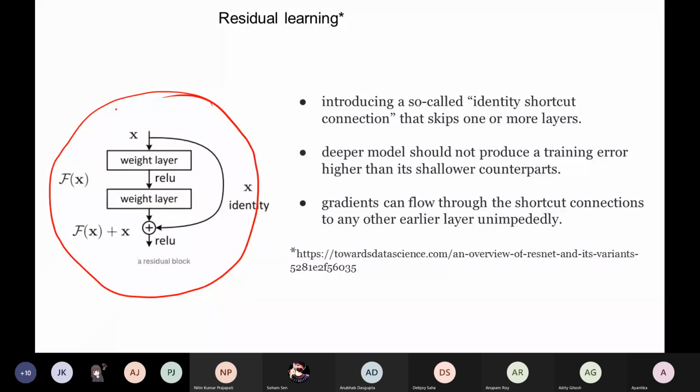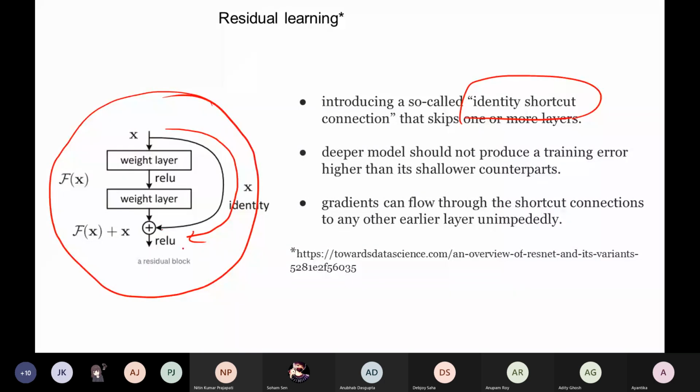Residual learning means, see here, your input is passed through some weight layer, then through some activation function, and then some weight layer, and then you come to the next layer. Along with that, you are passing this x. This we call an identity shortcut. This x value you are directly passing here.